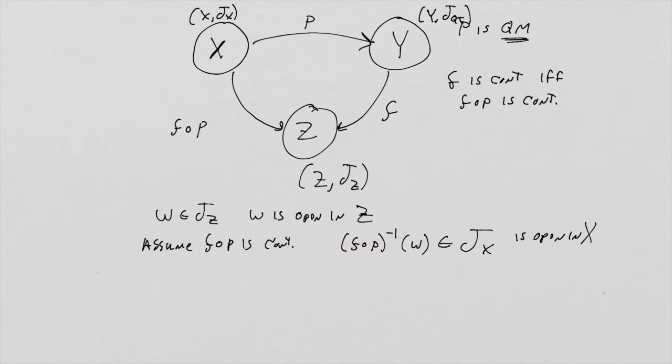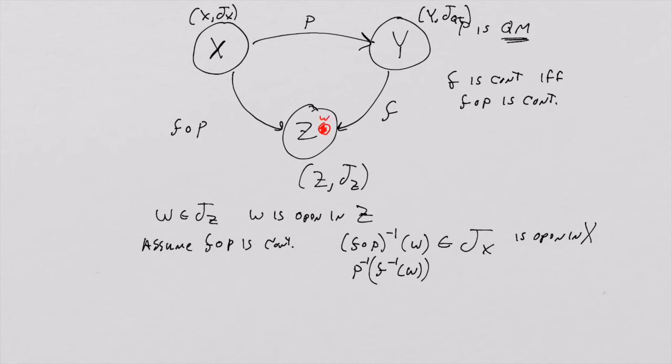So what does this thing actually look like if we were to draw it in this other form of notation? Well, it would look like p inverse acting on f inverse W, right? Because I would take an open set. Maybe I'll just draw my little open set here. How about that? There's W right there.